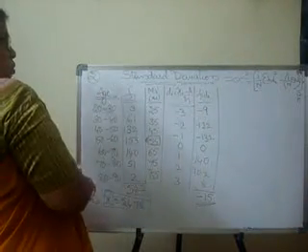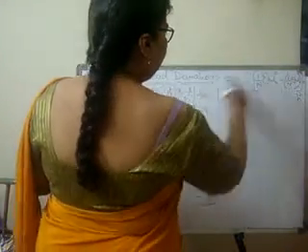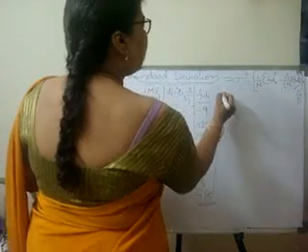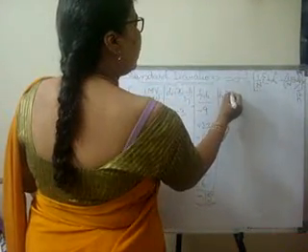We have summation Fi di. We require summation Fi di square.